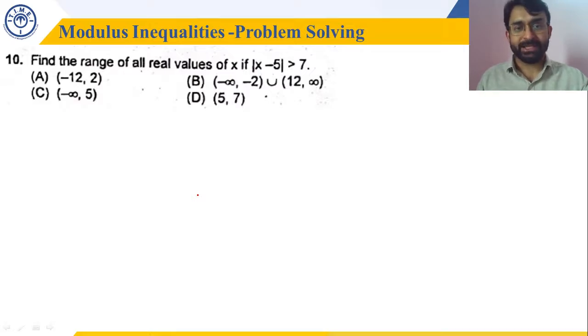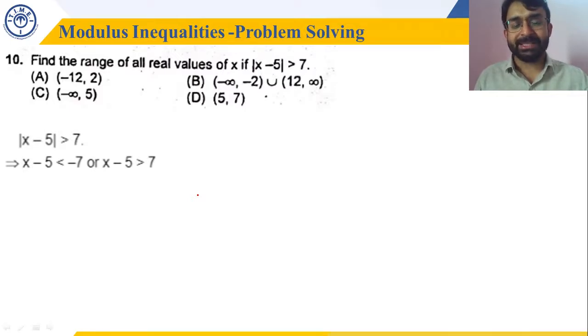I'll get two ranges: x is greater than or equal to 5 and x is less than 5. Similarly we have done in the equation also. Put the modulus term equal to 0, I'll get the value of x. One range is going to be greater than or equal to, the other range less than or equal to.